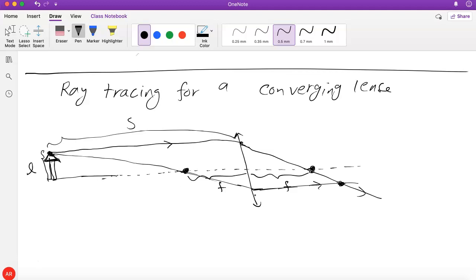Exactly, so it's going to be some horizontal distance from the lens and it's going to be some vertical distance from the optical axis. So let's call this S prime. That's the position of the image. And let's call this L prime. That's kind of the size of the image, right? So if all the points now from the top to the bottom end up on that line, the image gets formed over here and it's going to be some inverted image.